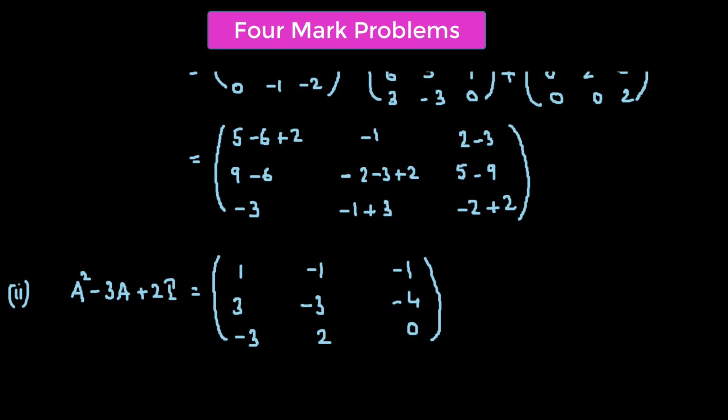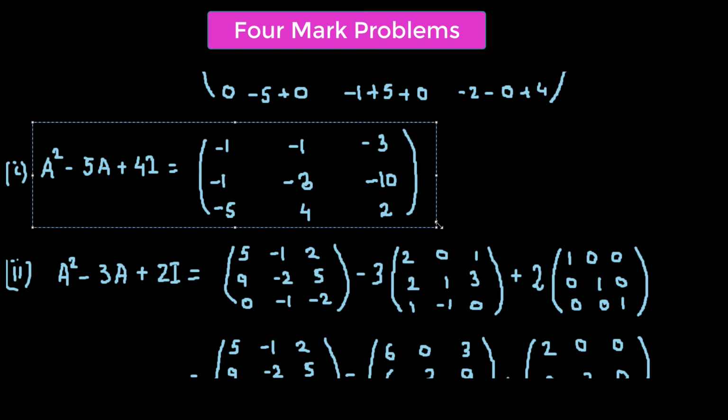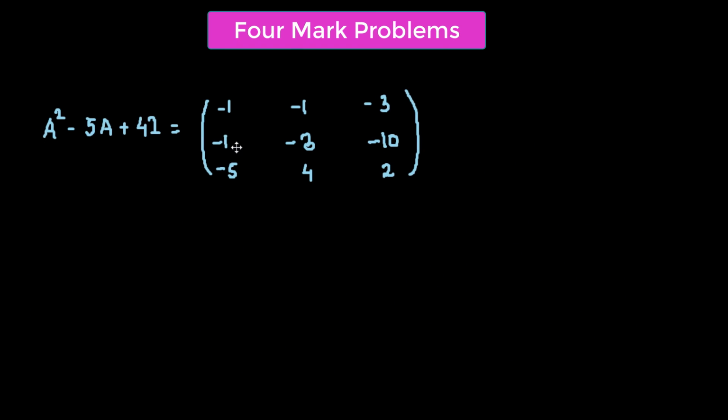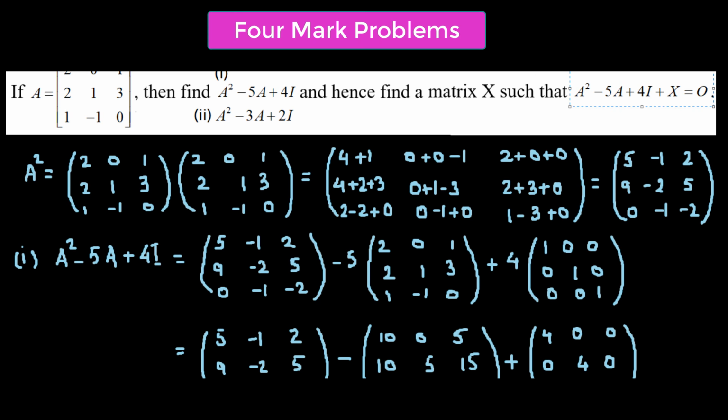Now, using the first one, let me rewrite it. So this is the value that we got. Let me place it here. And then what we have to do is find out the value of A squared minus 5A plus 4I plus X equals 0.